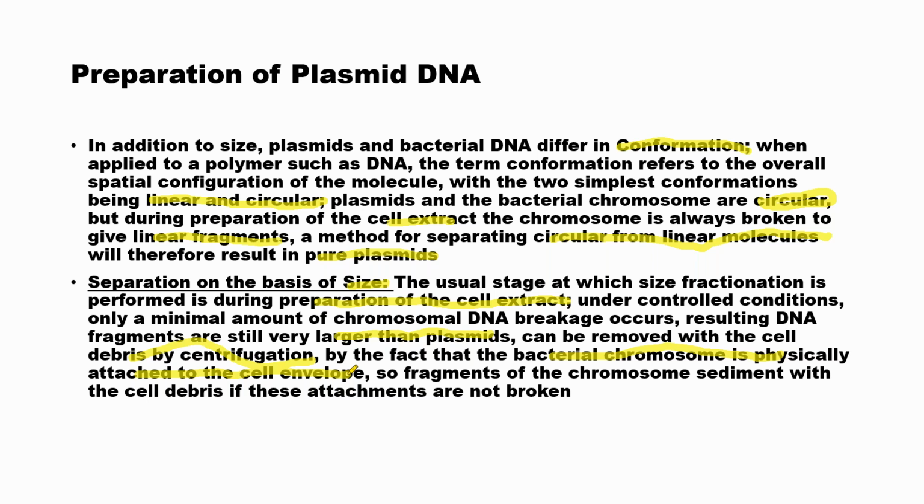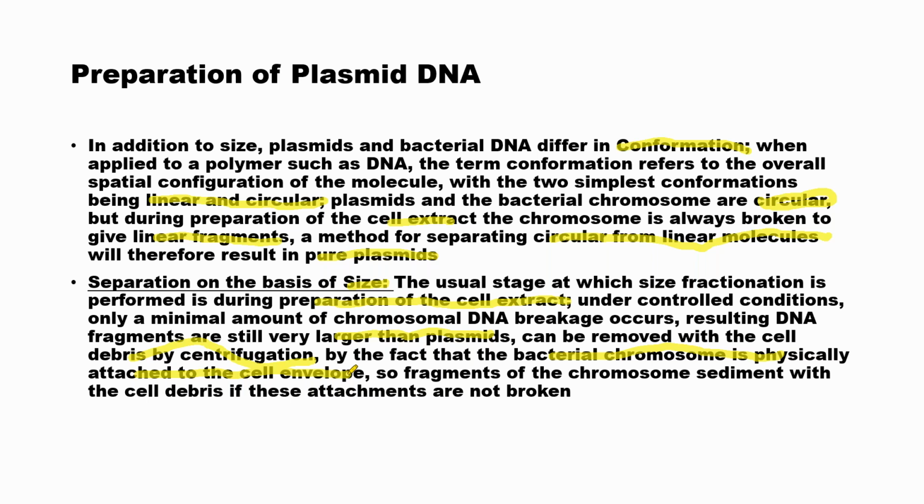So when we are going for our chemical treatments, what is going to happen? First of all, the cell wall will be broken, and the plasma membrane will be broken. Even though the cell wall is broken, the chromosomal DNA will remain attached with the cell wall, whereas the plasmid DNA will be free within the cell in a circular form. Once the chromosomal DNA is broken, it will give larger linear fragments.